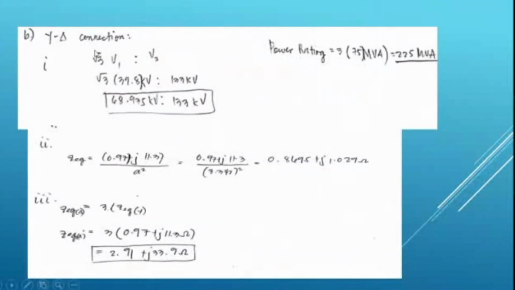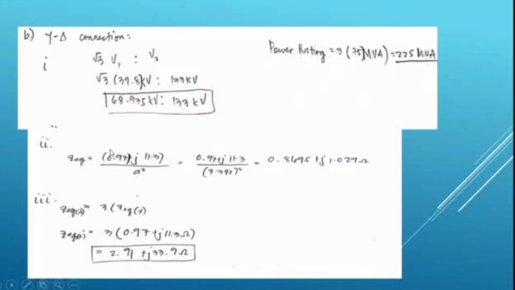For the Y-delta connection, we will find the equivalent impedance referred to the low voltage terminal. It is just equal to the previous one for the Y connection.